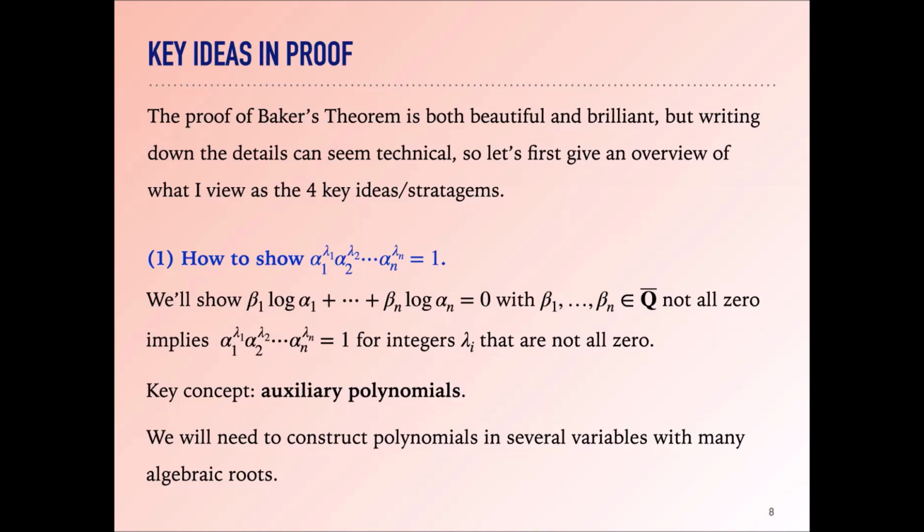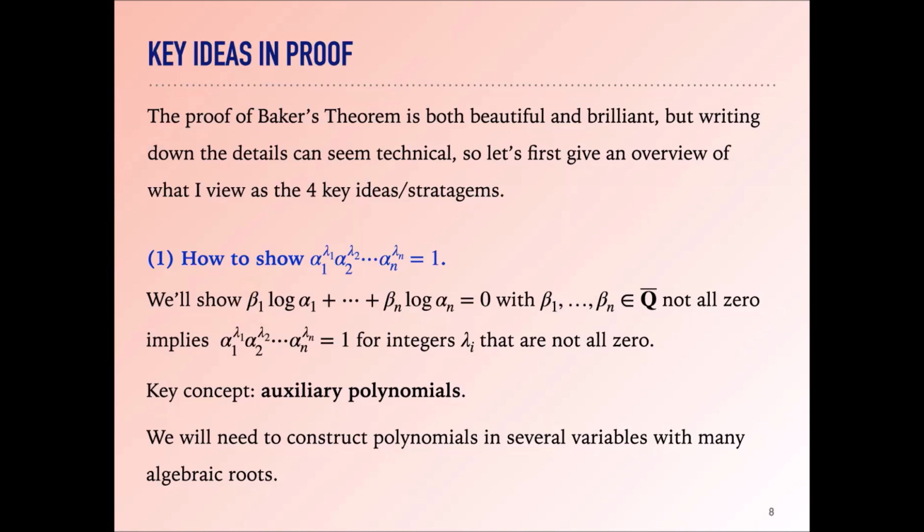So you start with a linear dependence over Q bar, and then you use a whole system of other techniques, in particular the use of auxiliary polynomials, which is the theme of this conference, in order to show that there exists some other, maybe completely different, lambda 1 through lambda n such that the sum of lambda i log alpha i is equal to 0. So one thing to note first is that the lambda i's aren't deduced directly from the beta i's.